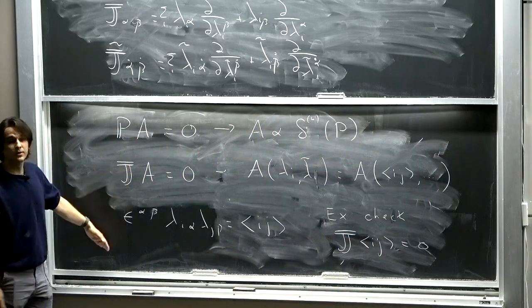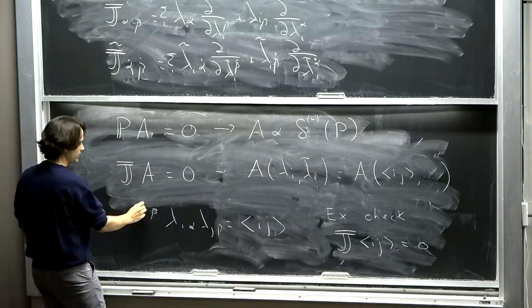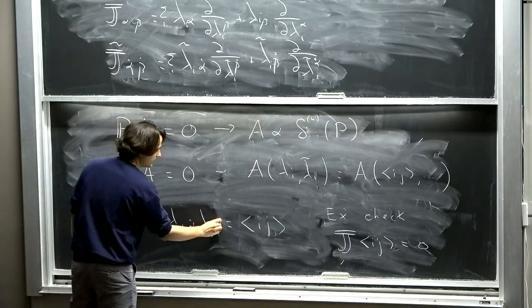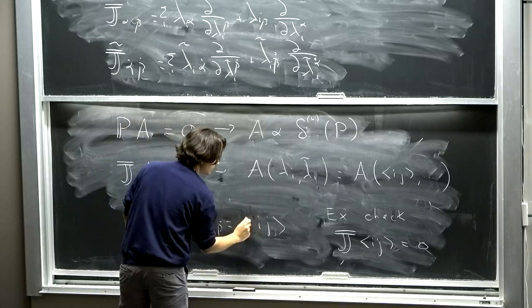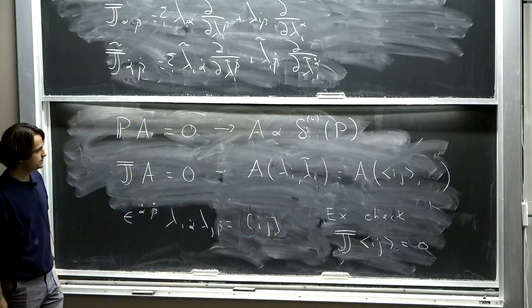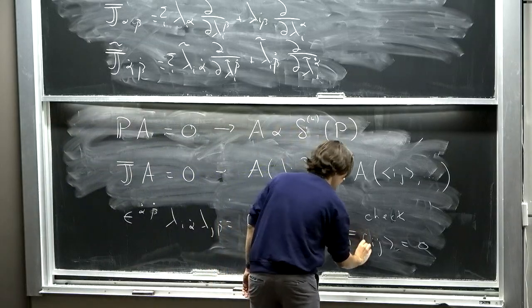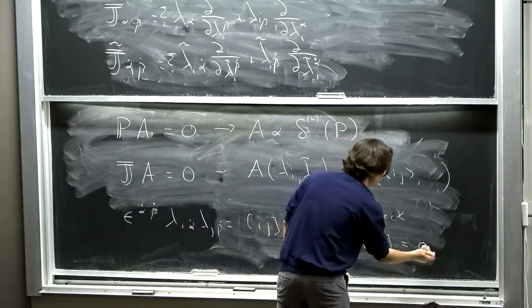And there's an analog for J tilde, where we now put dots here everywhere, and I call this square bracket, sorry. And then again, you can check that J tilde acting on this thing equals 0.